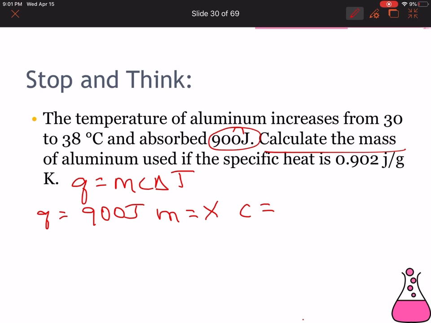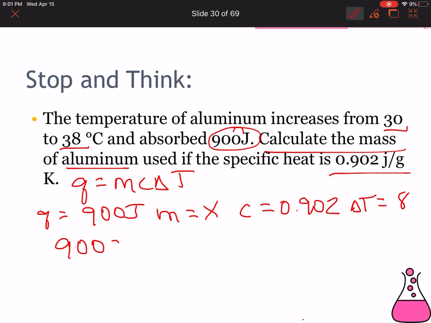I'm not using water here, I'm using aluminum, and it tells me the specific heat is this 0.902, so I can't use the 4.18 number because I'm not dealing with water here. And then delta T, I take my final temperature, which is 38, minus my initial, which is 30, gives me 8. So I have 900 equals X times 0.902 times 8.